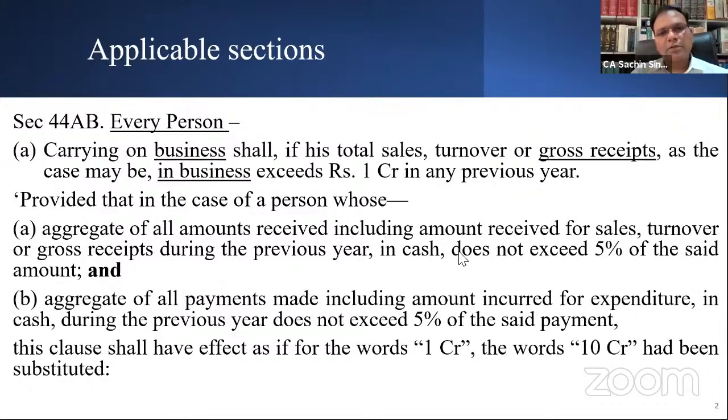In that case, only the amount received or paid during the year is to be considered, because this section says during the previous year. So previous year means up to 31st March, whatever amount you have received, that is to be tested.